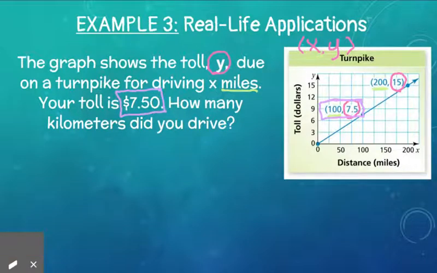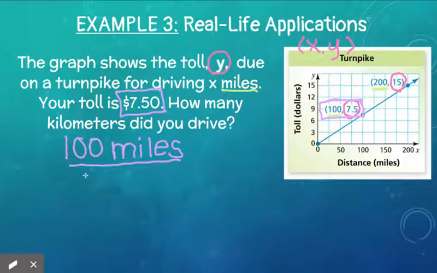And now we're finally going to get to see why that dinosaur meant business, why we do need to label. So I'm going to write that we have 100 miles and we need to figure out how many kilometers that is. We're going to write this as a proportion. Because we want to know how many kilometers we drove, we're going to take our 100 miles and put that over our variable, which we'll call x because we don't know how many kilometers, and I'm just going to call that km.